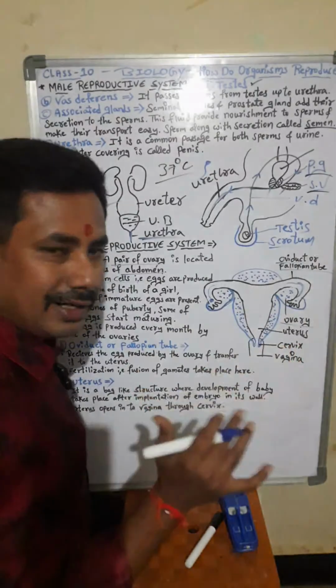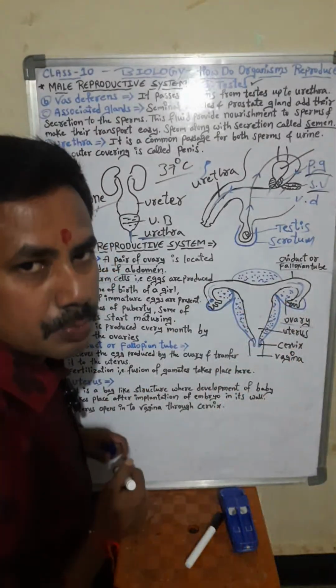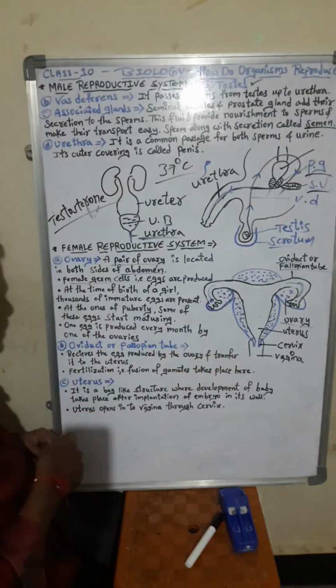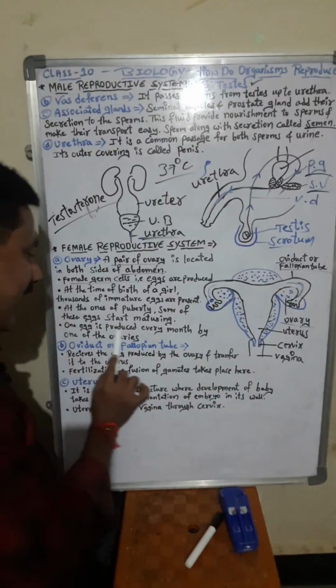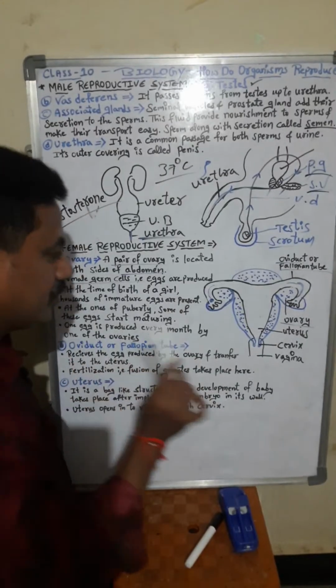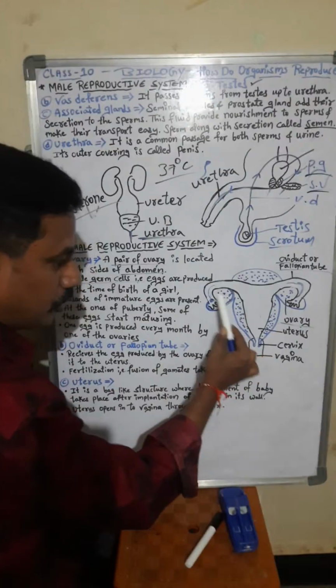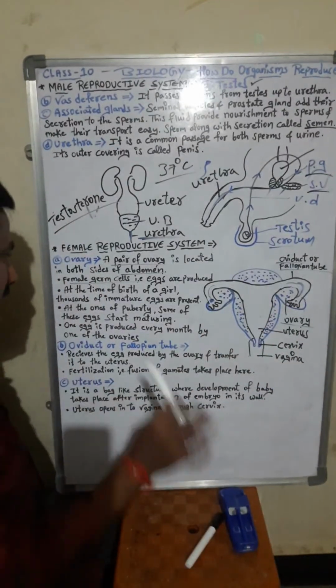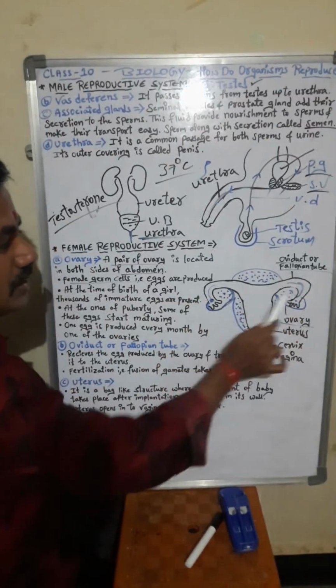Every alternate month one ovary is producing, the egg is developing and maturing. So one egg is produced every month by one of the ovaries. This is about the ovary, students.